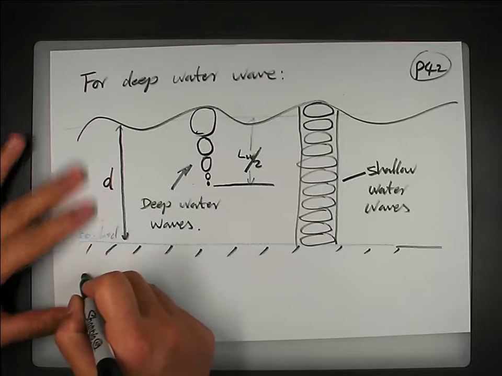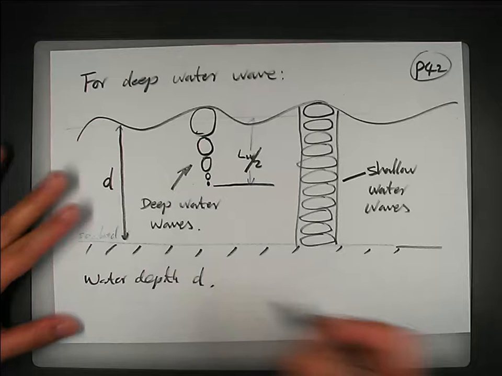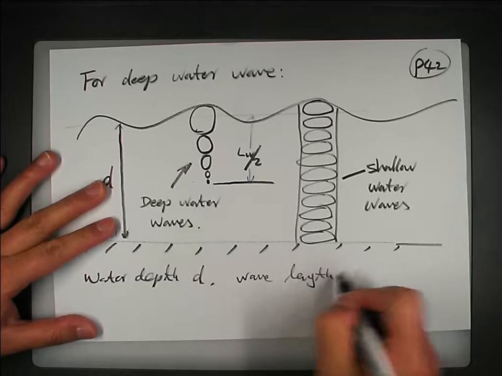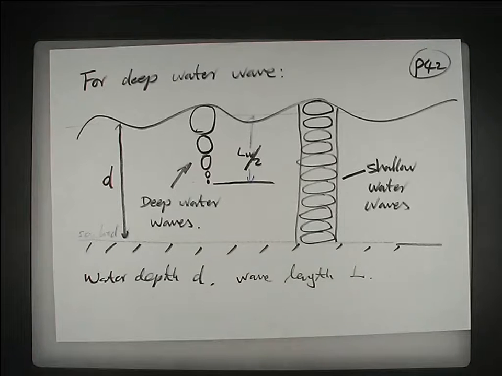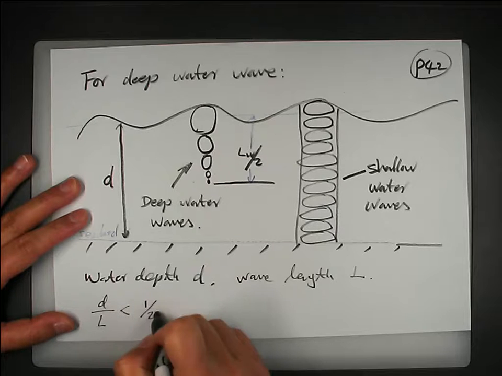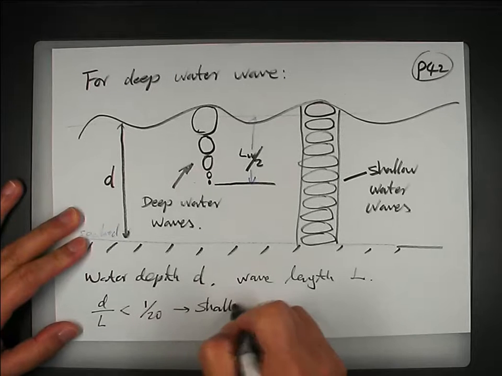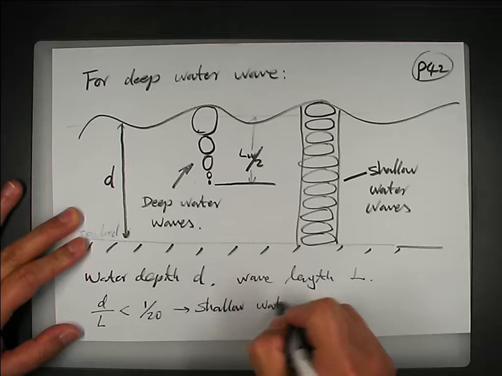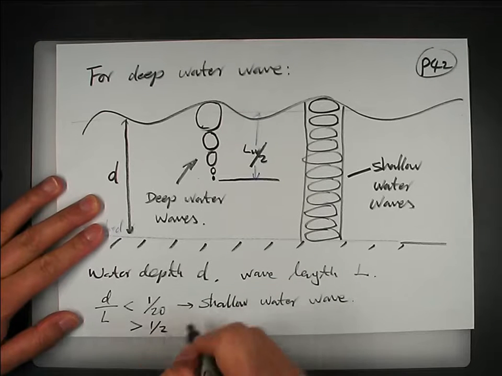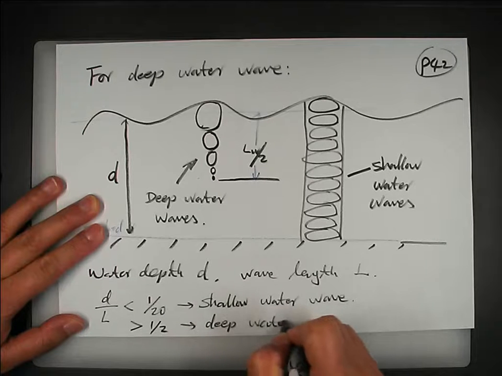If we use D for water depth and L for wavelength, if D over L is smaller than 1/20, then it is definitely a shallow water wave. If it's larger than a half, then it is a deep water wave.